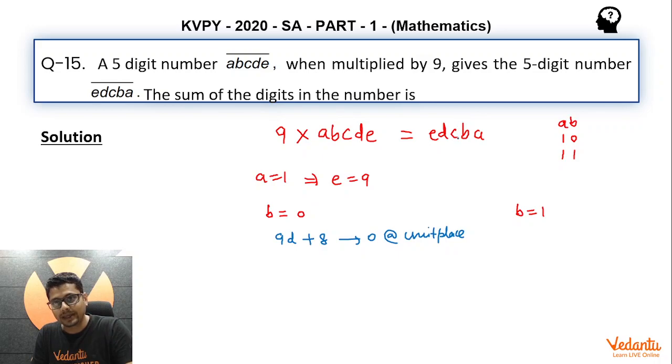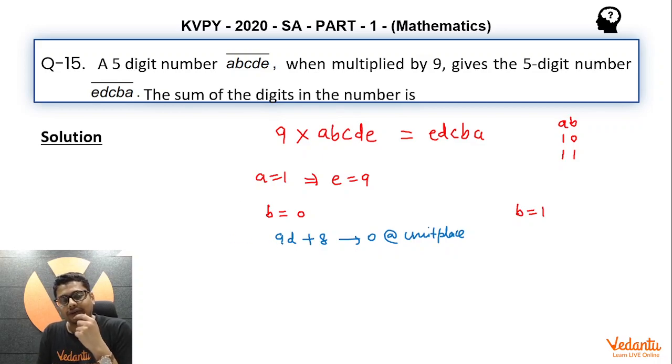That's what would be the tens place of the product, and the remaining part would be carried forward as per the rules of multiplication. Now again, D can be a digit between 0 to 9.